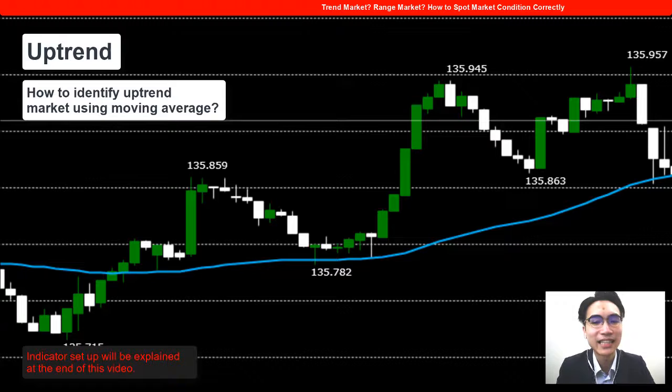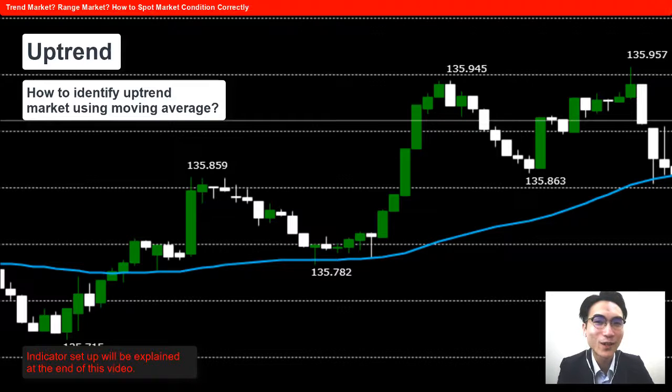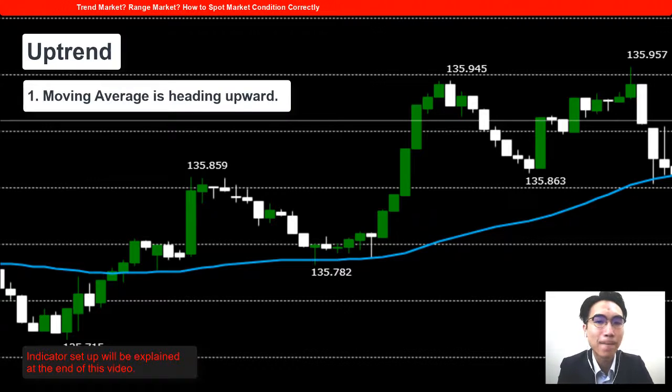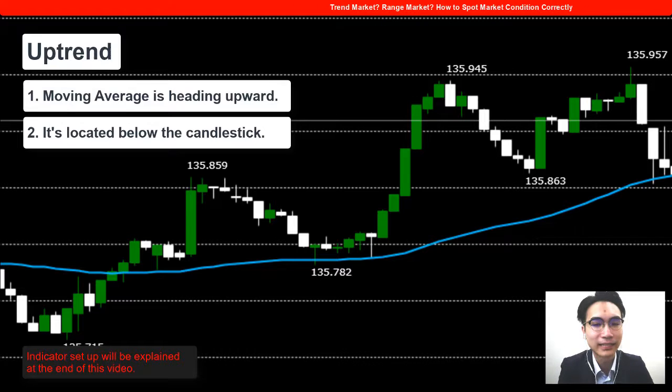Now how do we identify that the market is in an uptrend by using the simple moving average? It's pretty obvious. Right after we insert a moving average into our chart, we can see that the direction of the moving average is heading upward, and its position is below the candlesticks.